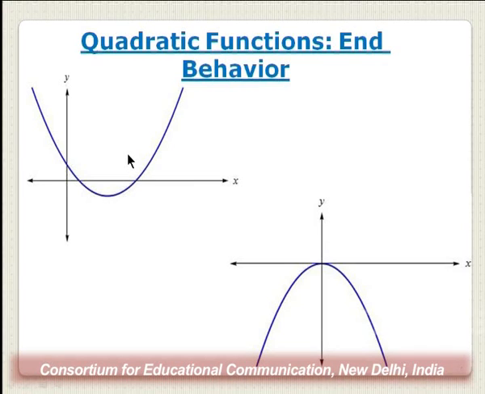And here you can see on this slide that for such a function where the highest degree that x takes is even, if the parabola is opening upwards, then the end behavior on both ends is up-up. And similarly, if the parabola is opening downwards, then the graph tends to minus infinity on both ends. So this is typical of quadratic functions or polynomials with an even degree.